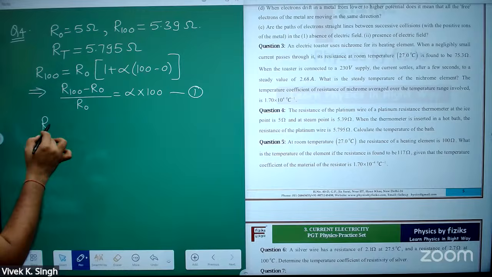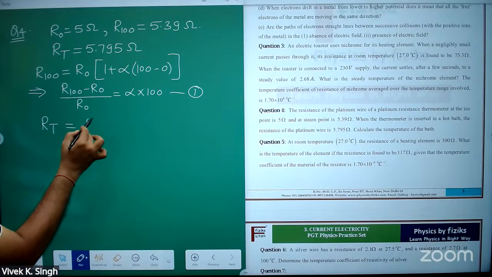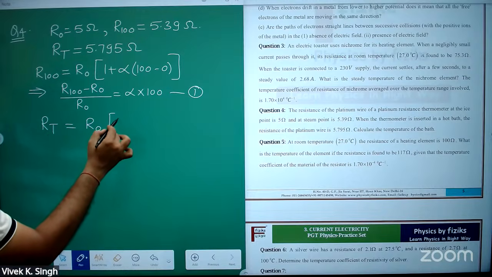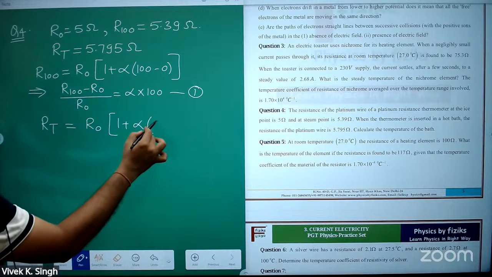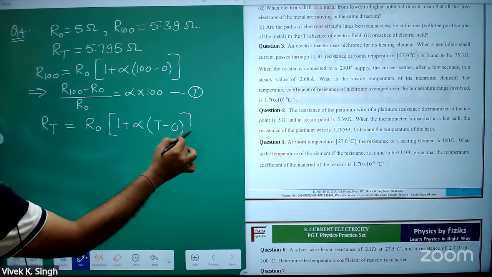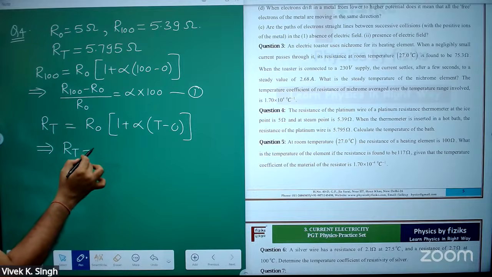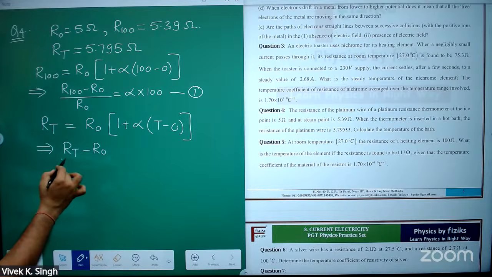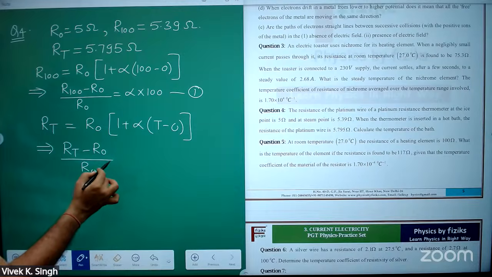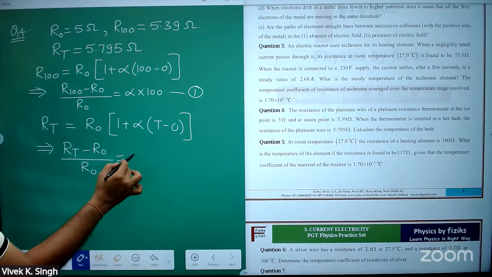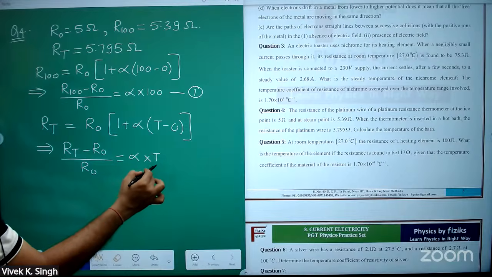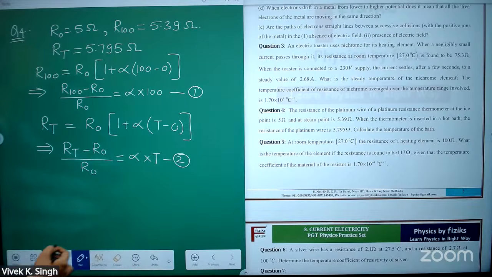And then you have RT is equal to R0 into 1 plus alpha into T minus 0. So this will give you RT minus R0 by R0 is equal to alpha times T. Equation 2.